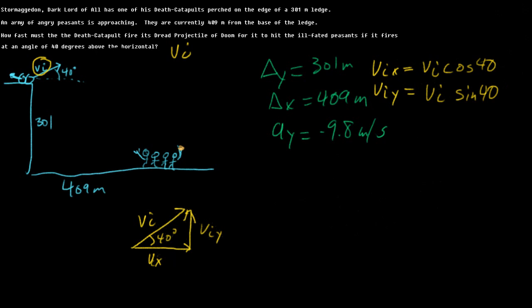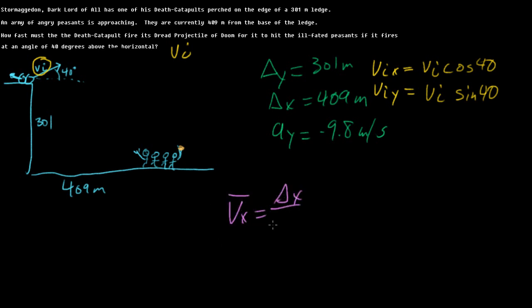So now we know Vix and Viy. If we know Vix and we know delta x, guess what we can find? We can find delta t, because we know Vx equals delta x over delta t, and we also know that Vx equals Vix equals Vfx, because there is no acceleration in the x direction, since ax is 0.